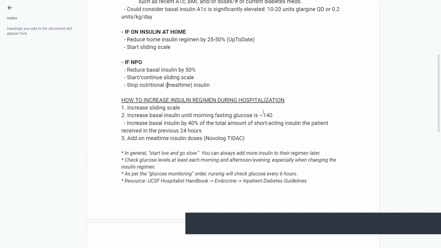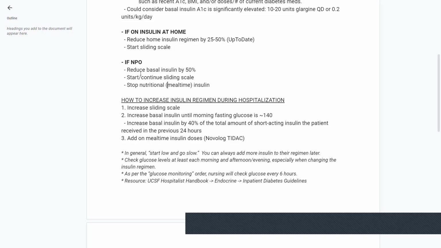Okay, so now we'll get into the last section of this, which is kind of complicated. I'm going to do an example at the end. Say someone is already admitted to the hospital, and we'll go with our patient who was just on the metformin.